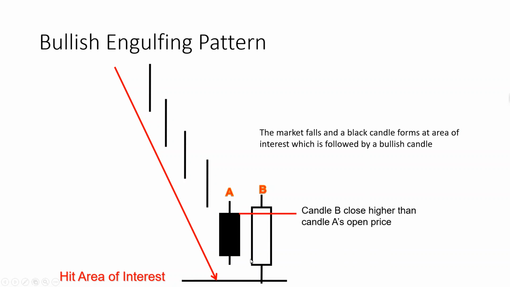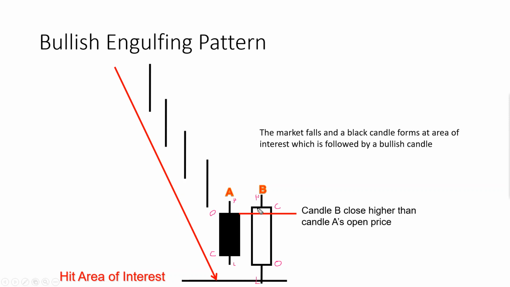That means this is a bullish candle. This is the opening price, and this is the closing price. If it's a bearish candle, this is the opening price and this is the closing price. This is the high, this is the low. This is the high, this is the low.